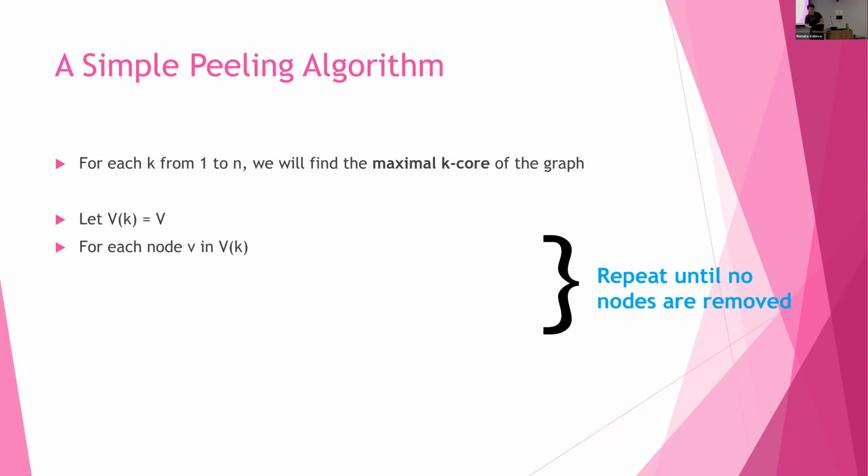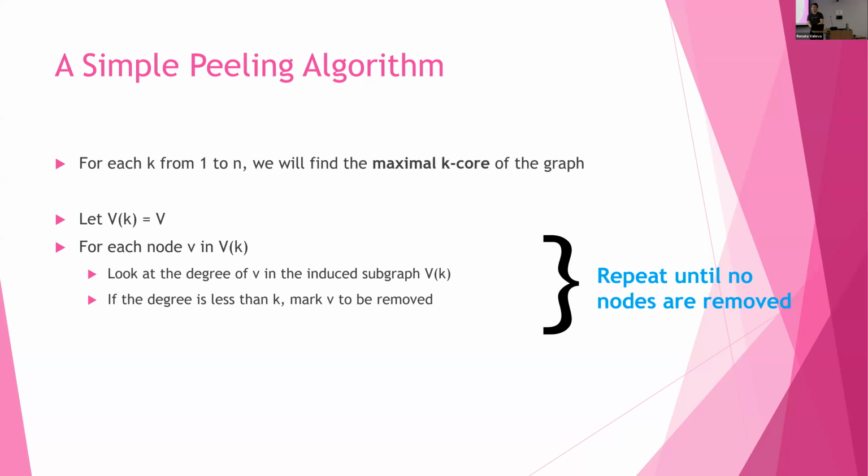That's exactly what we do for each node in the candidate core V of K. You look at the degree in the induced subgraph, and if the induced degree is less than K, you mark it to be removed. After this for loop, you remove those nodes, and then you repeat this until there are no more nodes to be removed, or we can also say that V of K converges.